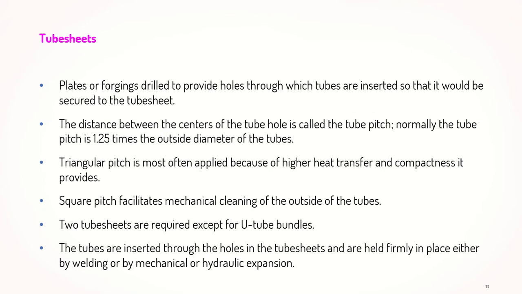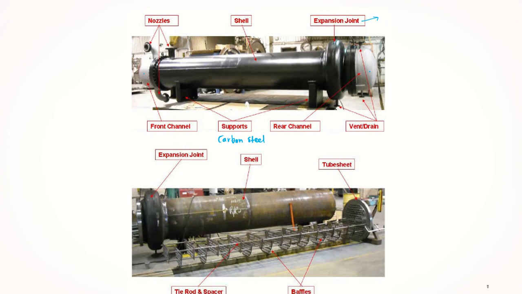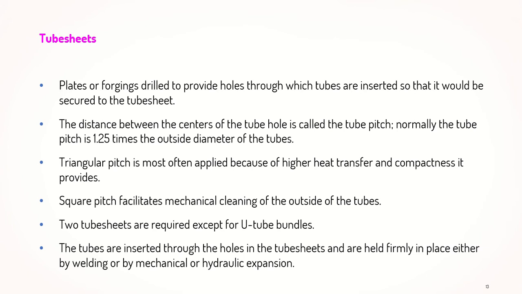Now, tube sheet, if you refer back to this particular image, this would be the tube sheet at the end. So we have tube sheet here and also here, at both ends. It's plates of forging drilled to provide holes through which tubes are inserted, so the tubes are secured to the tube sheet.